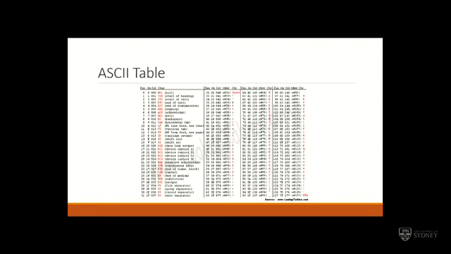It uses 8 bits, so 1 byte, for every character, but only really takes into account 7 bits. So there's 128 characters, 0 to 127. You have your letters, uppercase, lowercase, some punctuation, some special characters to represent things like new lines, spaces, tabs.